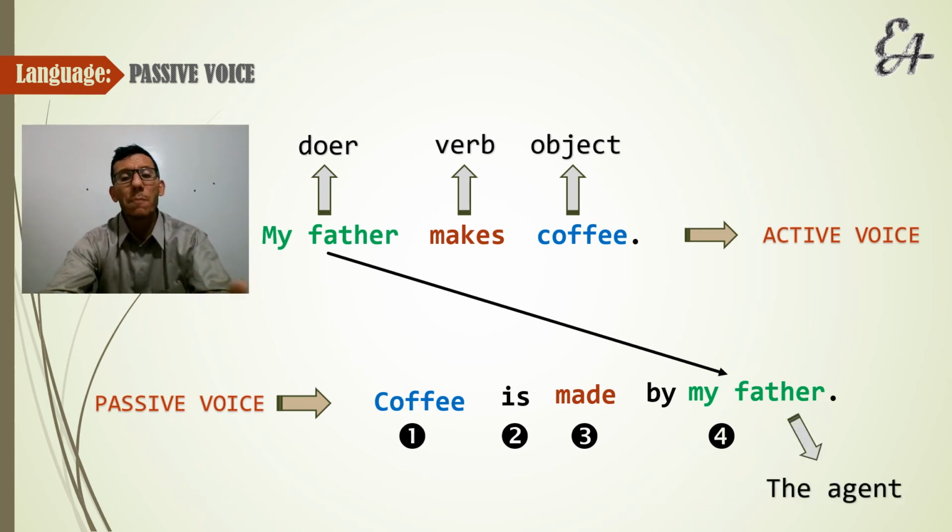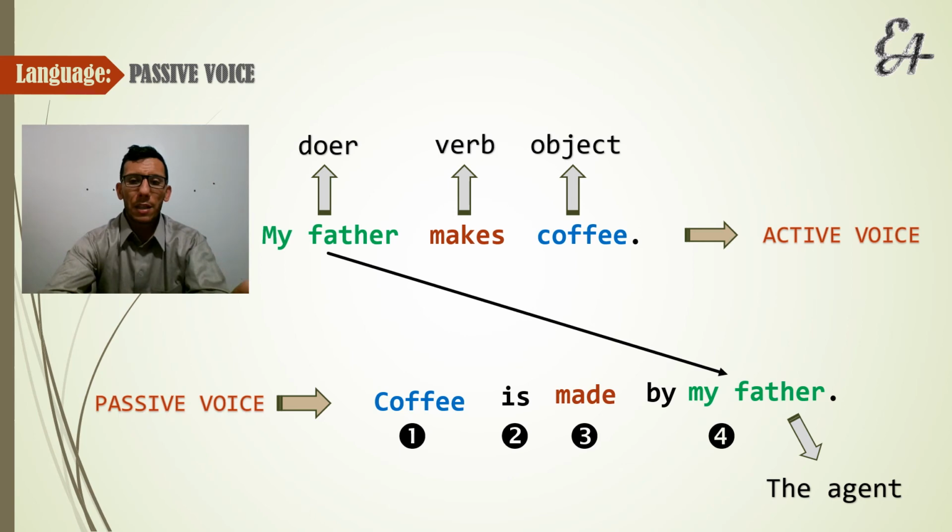Some people call it an object of the preposition by, because if you want to substitute my father in the active voice with a pronoun, you have to use a subject pronoun, he makes. But if you want to substitute my father in the passive voice, you have to use an object pronoun, by him. That's why some people call it object. But internationally speaking, everyone in the world who studies passive voice knows that this is called the agent. So we have to keep this in mind.